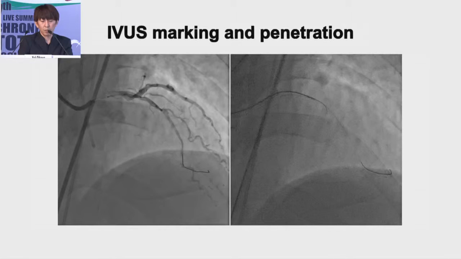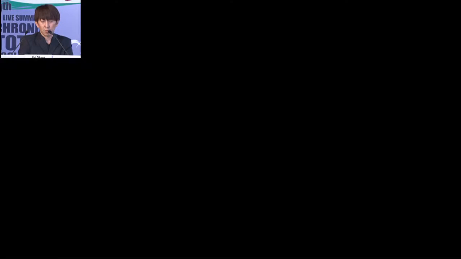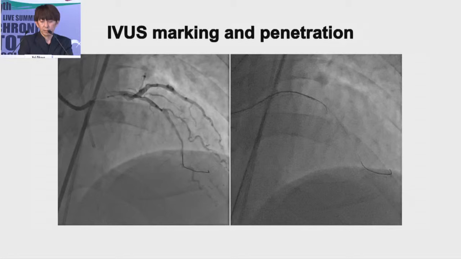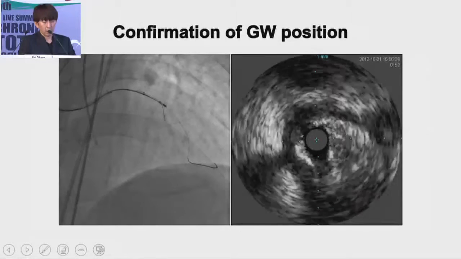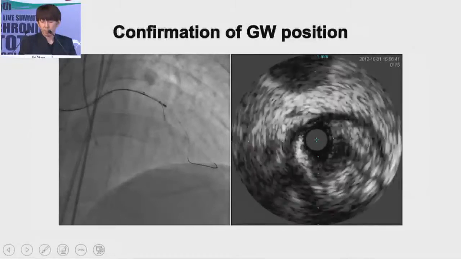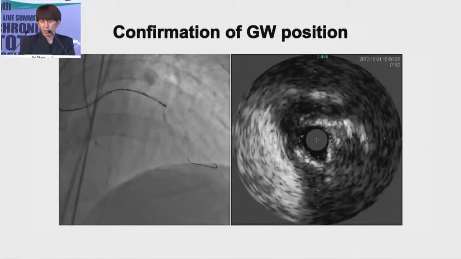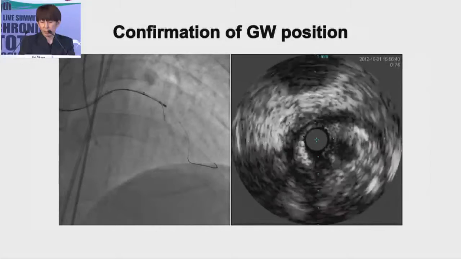Confirming the CTO entry, I tried to penetrate here with Gaia Next. After penetrating, I checked IVUS once more. You can see the guide wire from 4 o'clock inside the vessel.